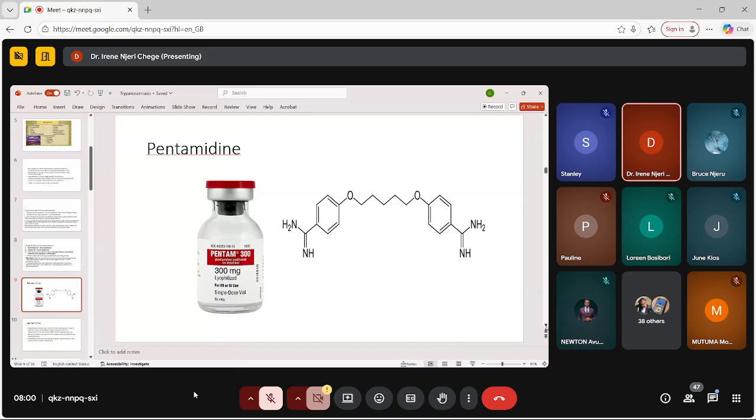You can just go and have a look at the book at the proposed mode of action of this drug. The drug is pentamidine, which you have seen before.